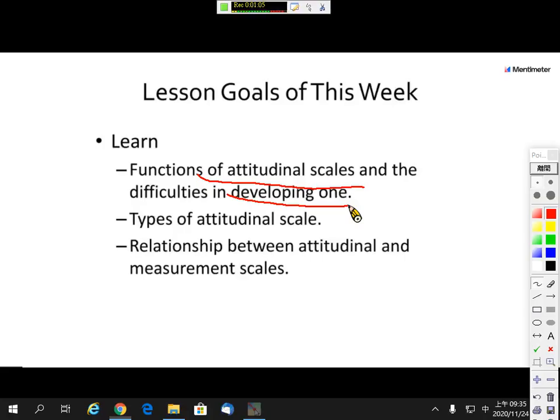I also need to tell you the different types of attitudinal scales. Basically, there are 3 different types, and later you will learn them. And also, there's a relationship between attitudinal and measurement scales. So basically, these are everything related to attitudinal scales.